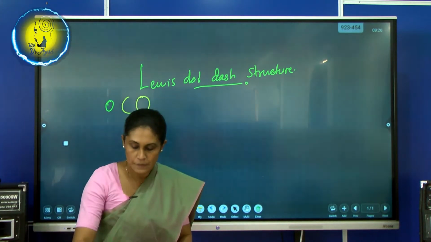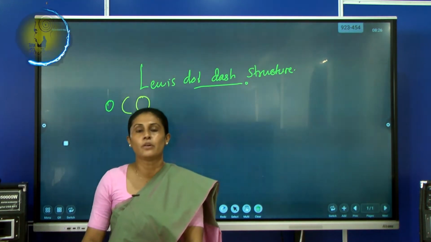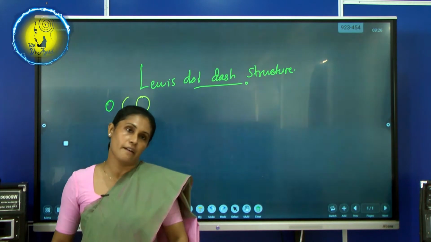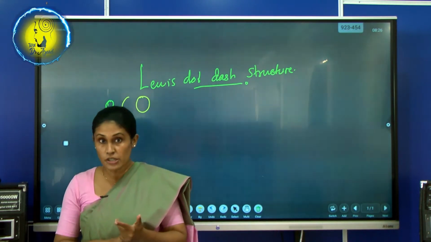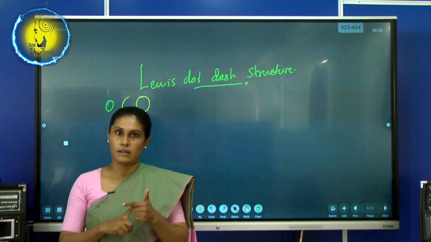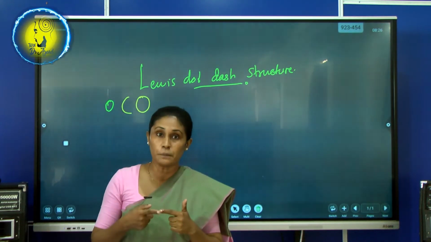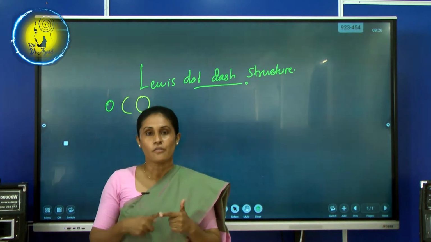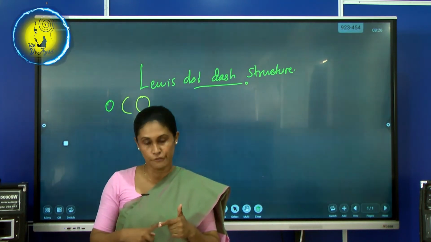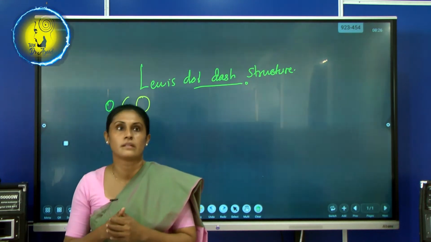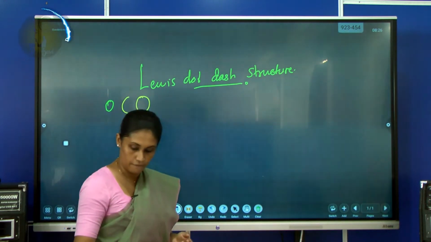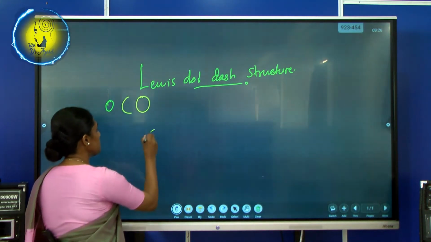Before I explain this, I would like to recall your memory: we have learned about the Aufbau law and the Pauli exclusion theory. Those will help you understand writing electron configurations. Whenever you were in the lower grades, let's talk about oxygen.